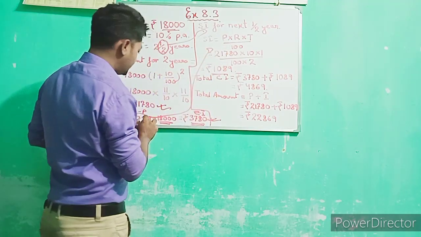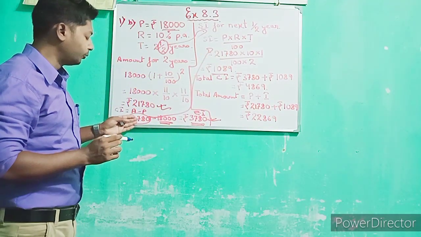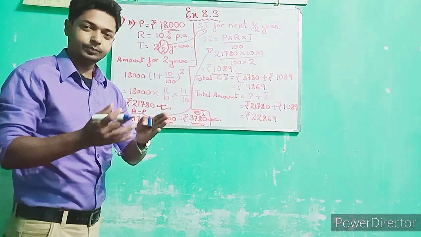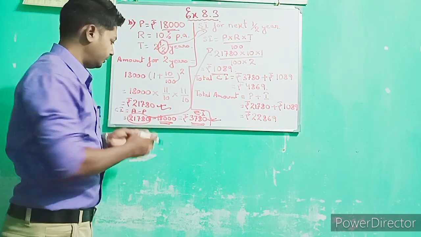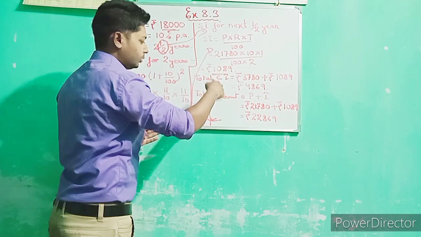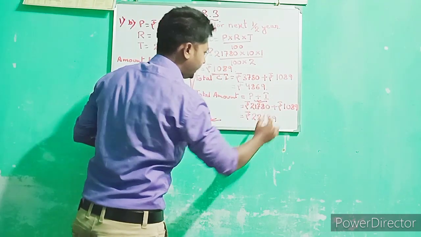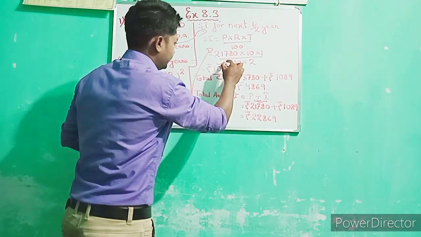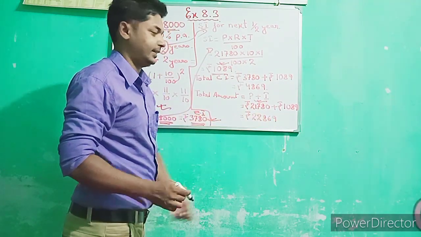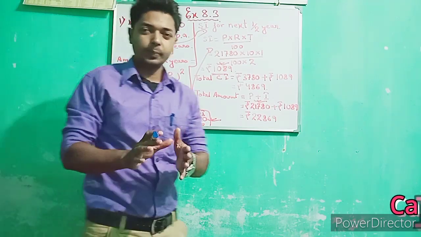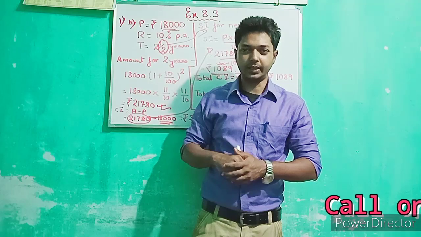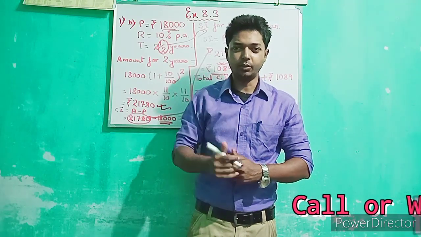We have carried this principal, after adding the cumulative interest, we are taking this as principal. So this principal is added with this interest. Okay, so here it comes to rupees 22,869. You can repeat this video and view this once again to get a clear idea. So let's go down to the next sum.